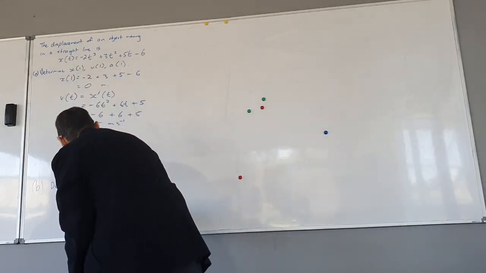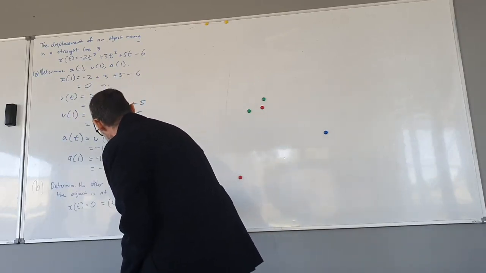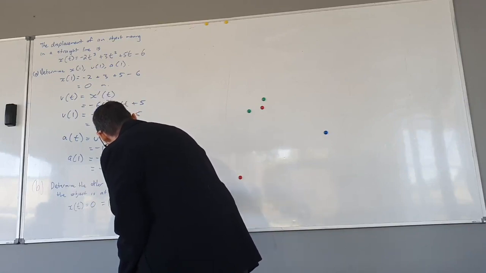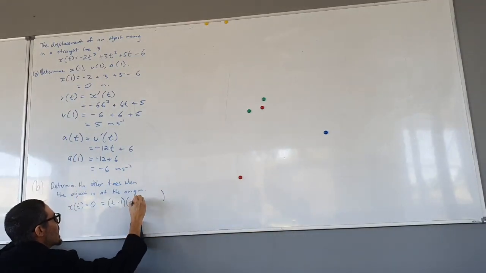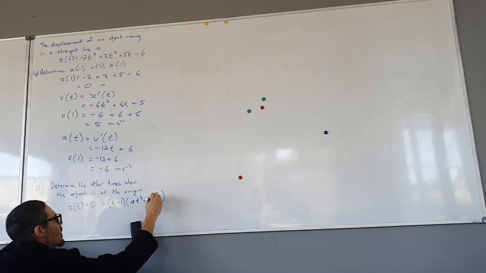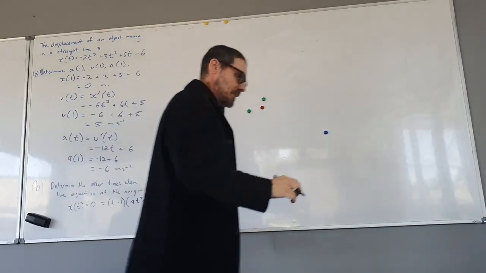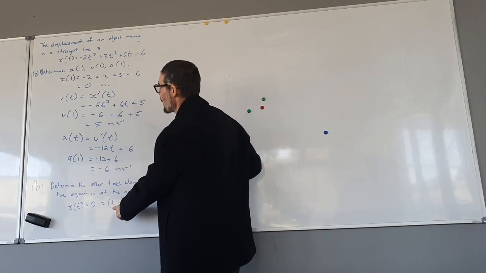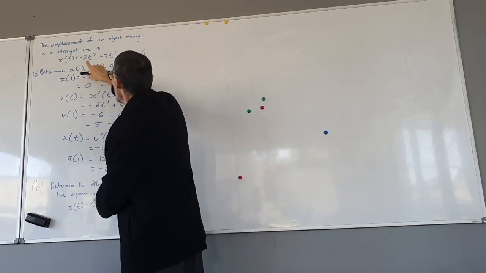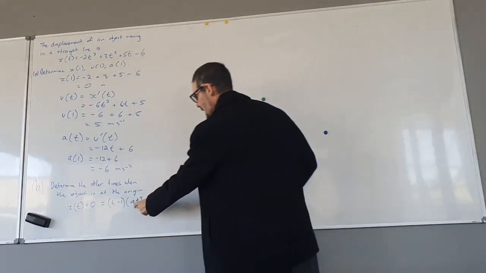So I can write it as t minus 1 times at squared plus bt plus c. I'm going to do this without long division because it's a pretty simple one. If I've taken out a factor t minus 1, I know what's left is going to be a quadratic. I just have to work out what a, b and c are.